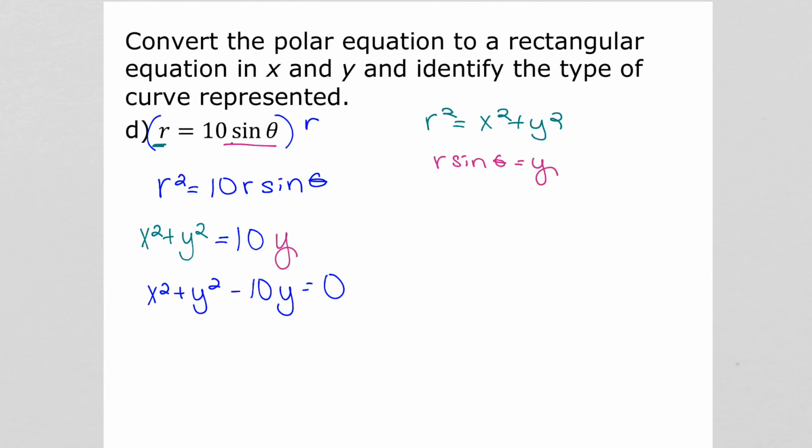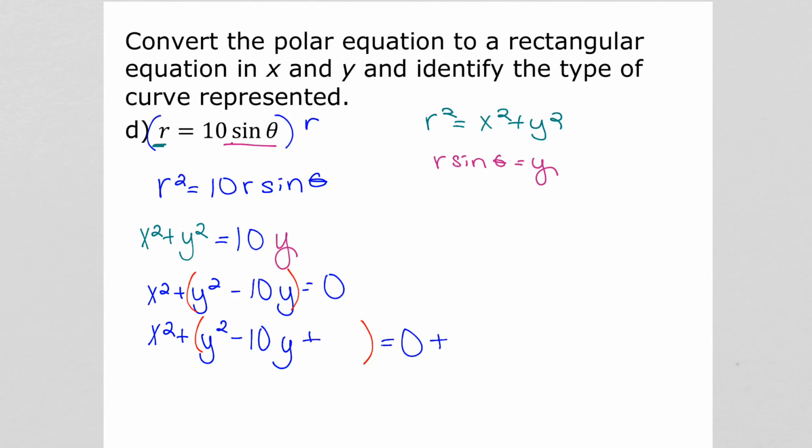So what we've got to do is complete the square for our y squared minus 10y. So we've got x squared, and then we've got our y squared minus 10y, and we're going to add something, equals 0, and we're going to have to add that something to the other side of the equation also. What do we add?